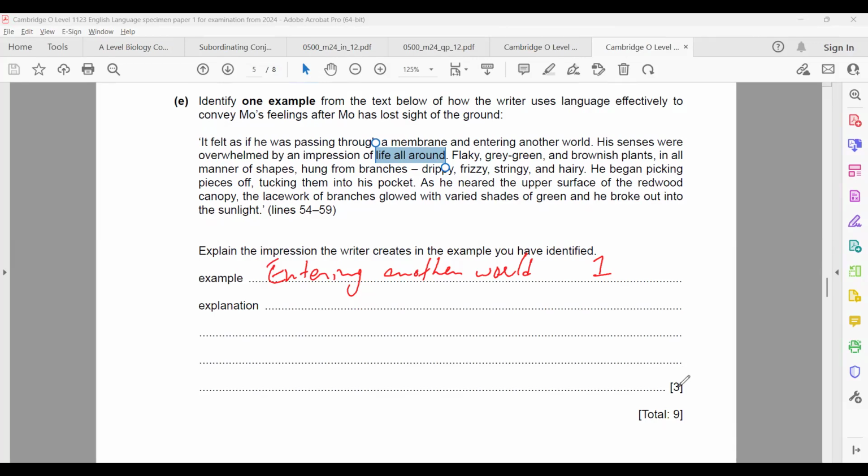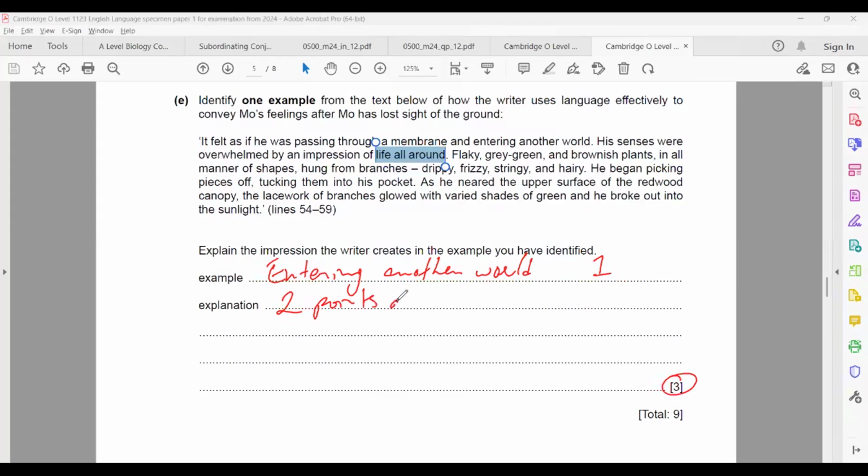The other 2 marks, of the 3 marks, are for explanation. So 2 points of explanation, which are related to the example that you've used. It shouldn't be something random. So saying that it was as if he was entering another world, what does that tell us about his feelings?